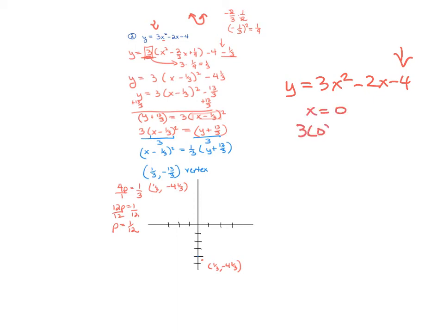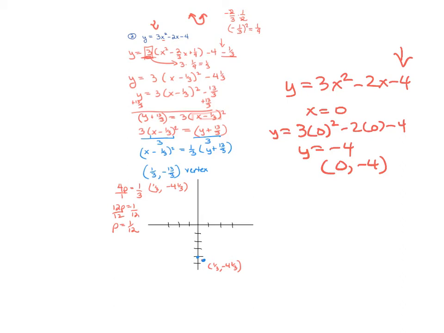So you do 3 times 0 squared minus 2 times 0 minus 4. And you get y equals negative 4. So again, shortcut, it's just that c term. So here is my y-intercept. So let me go ahead and make this in blue. That's the vertex. And then here's the y-intercept, 1, 2, 3, 4.